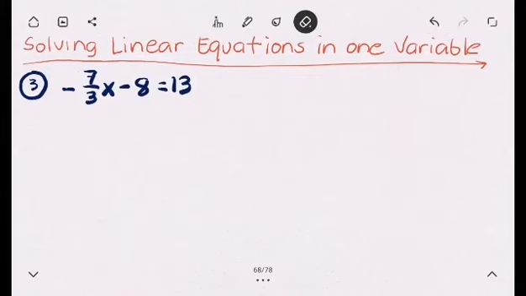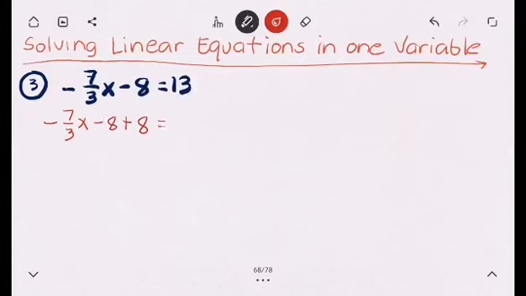So in this case, dapat si negative 8 ay magawa nating paraan na maalis dun sa left side. So mag-apply tayo ng addition property of equality. Okay, so in this case, we're going to add positive 8 to both sides.